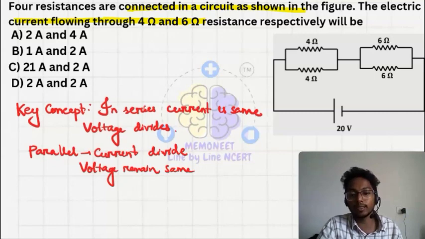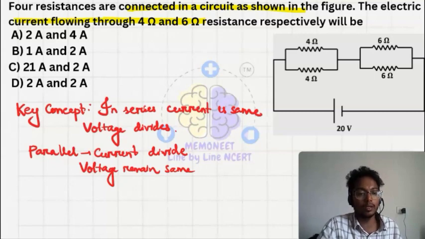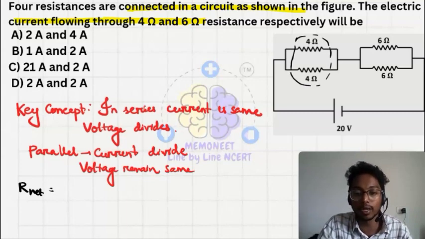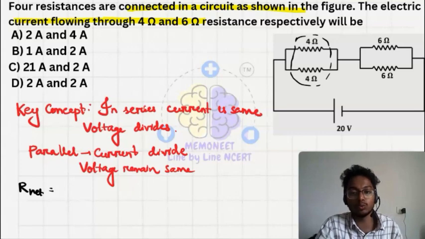For finding the current, we have to find the net resistance. For these two, what will be the R net? I have told you several times, if both the resistors are the same, we take R by 2. It means 4 and 4 are in parallel, so the equivalent resistance will be 2.